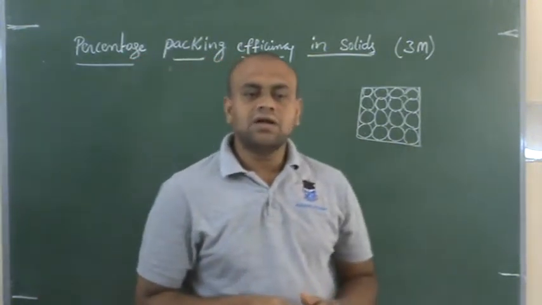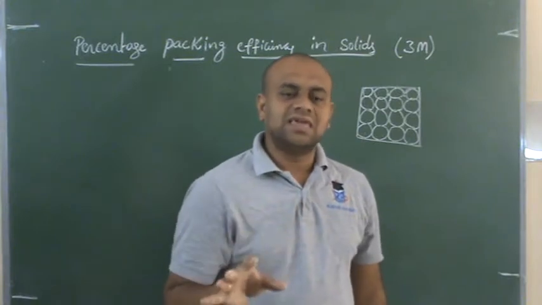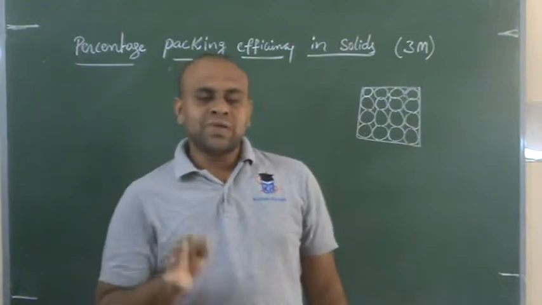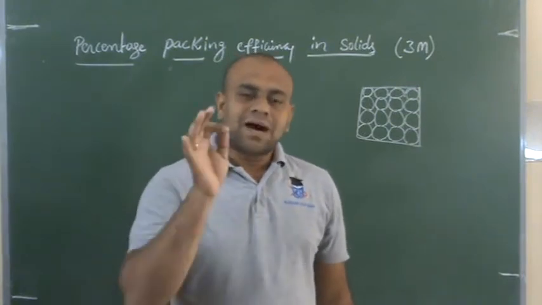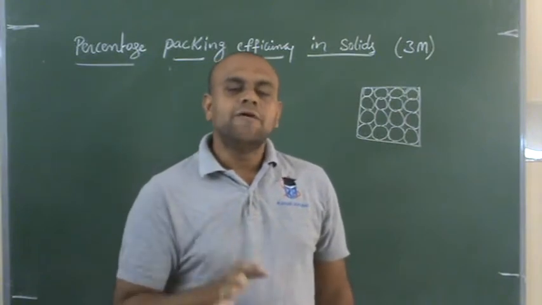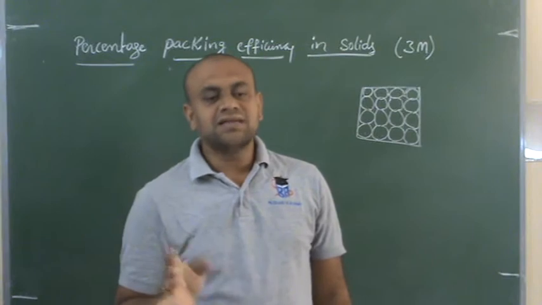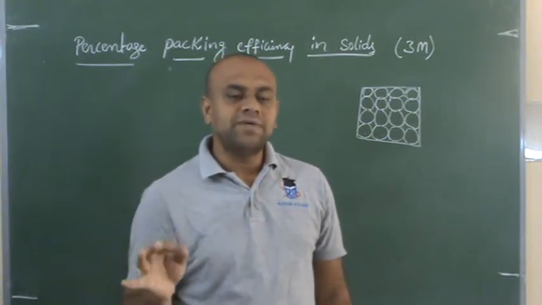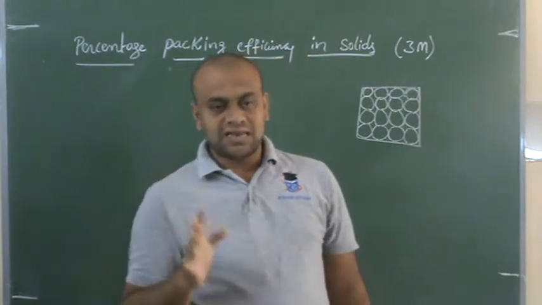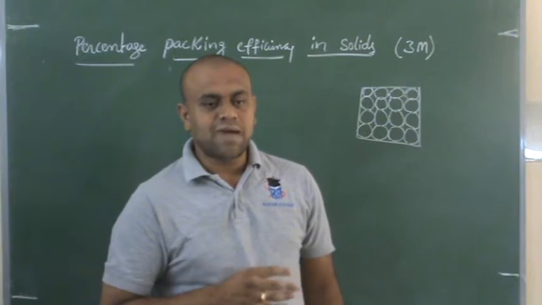Packing efficiency can be defined as the percentage of volume occupied by particles in a unit cell. The percentage of volume occupied by particles of a unit cell is called packing efficiency. So what is packing efficiency?